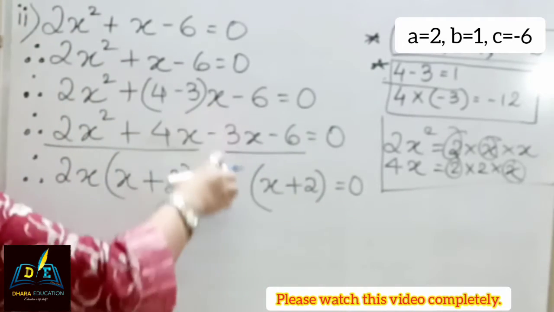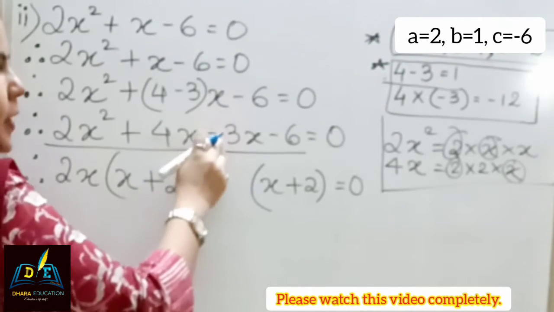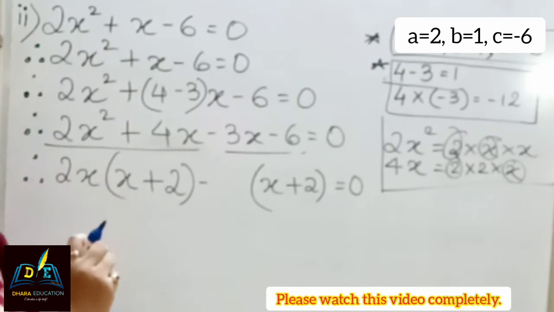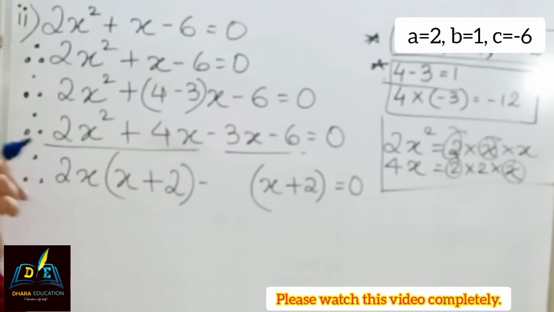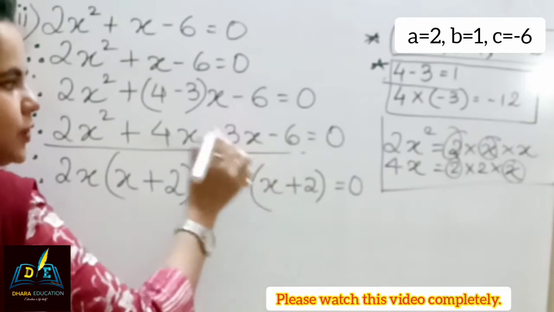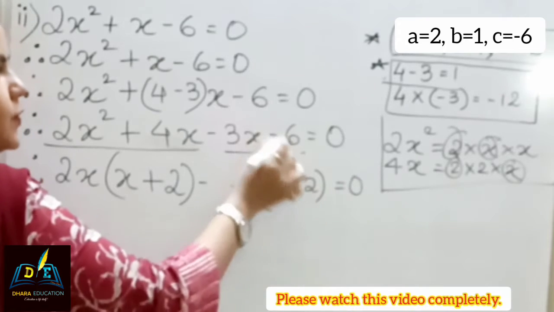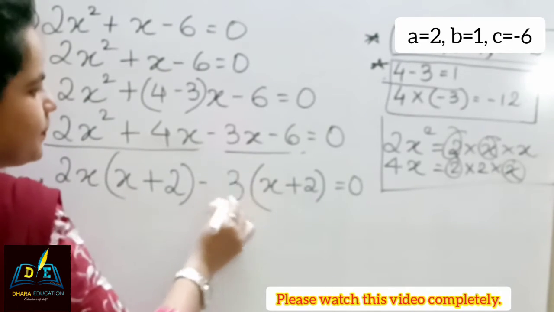Now, in such a way, we need to write a number so that this particular term is fulfilled. So the number we should use here is 3. That is 3 multiplied by x gives you 3x. 3 multiplied by 2 gives you minus 6. So minus 3 will come here.